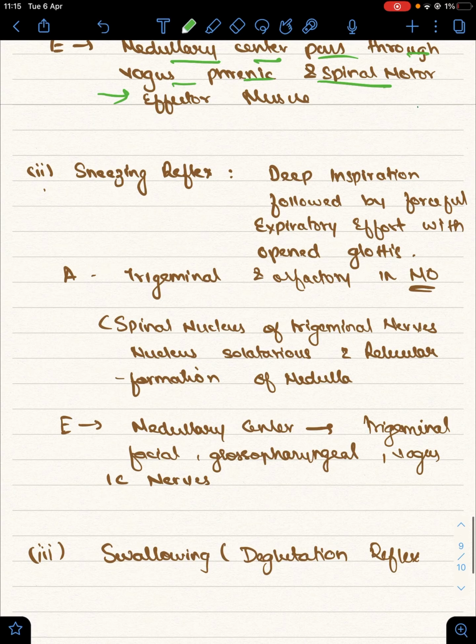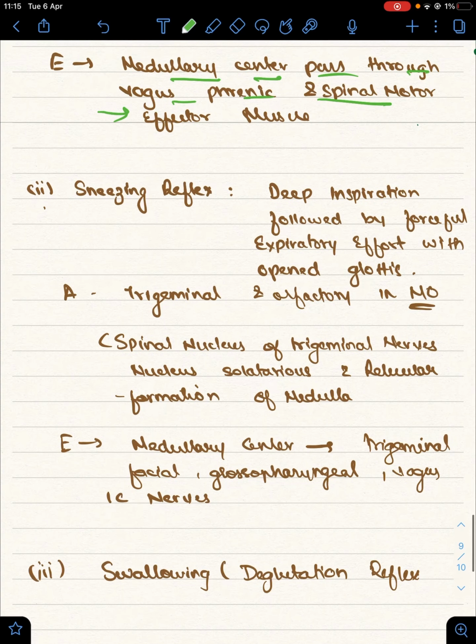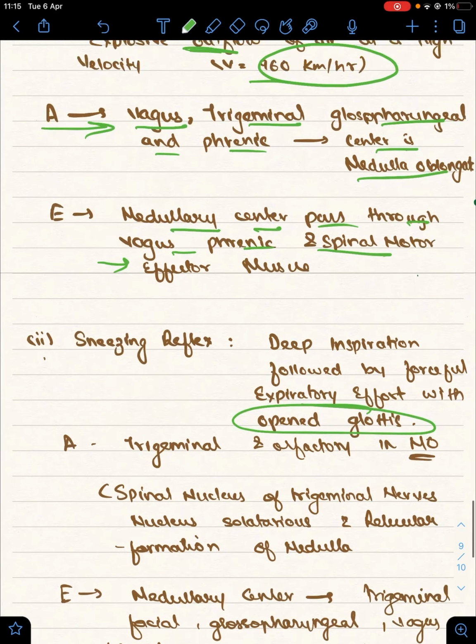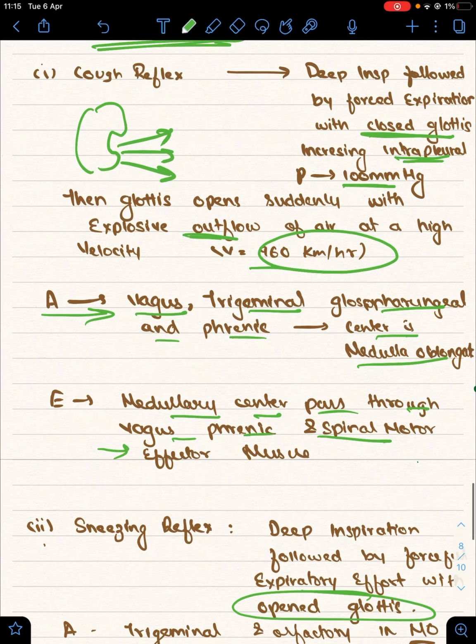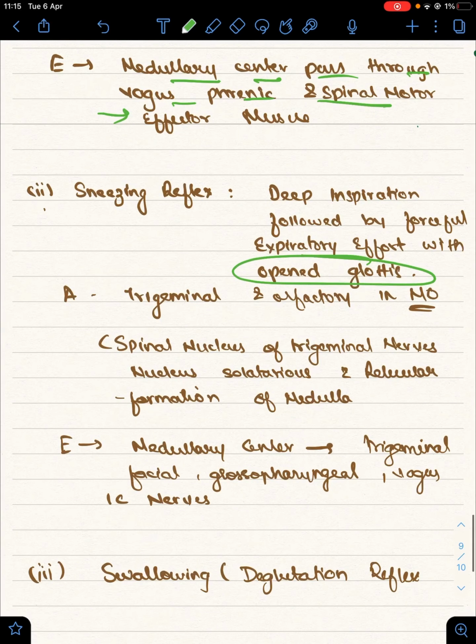The sneezing reflex is the same as coughing, but in this the glottis is open, whereas in cough it is closed. There is deep inspiration followed by forceful expiratory effort with open glottis.